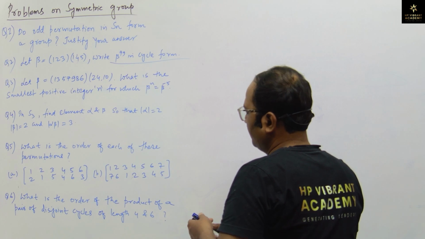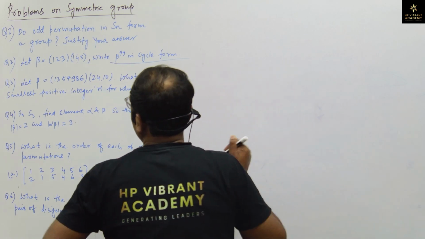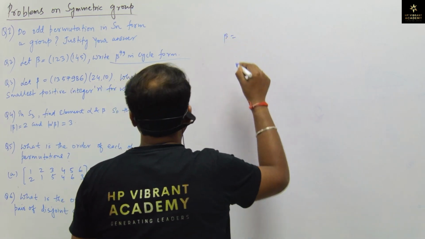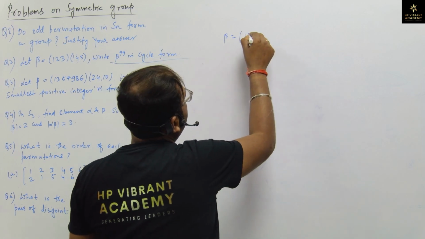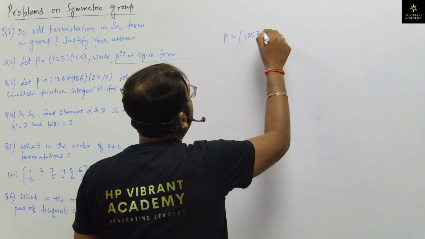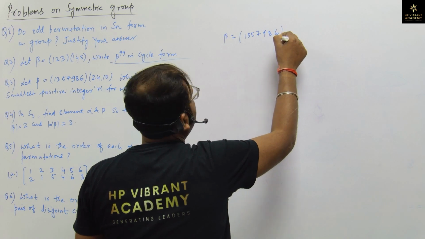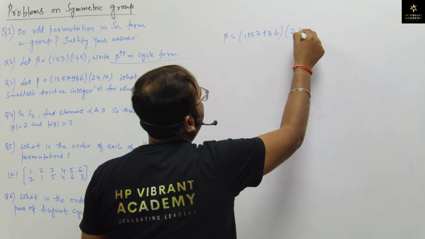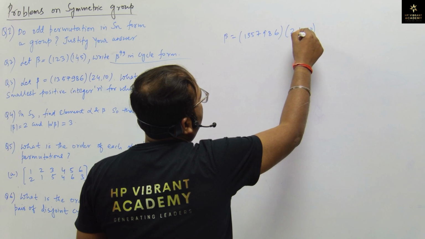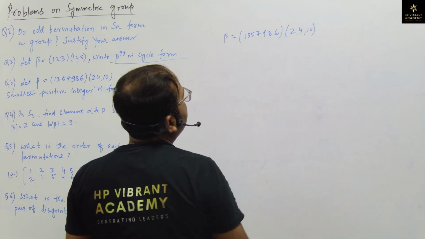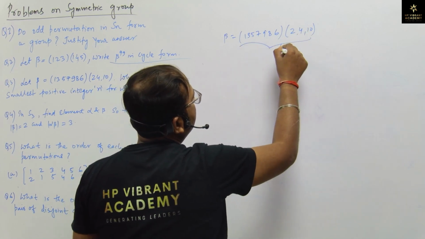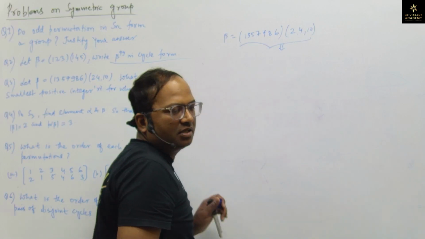So we have the value of beta as (1 3 5 7 9 8 6) and (2 4 10). Since these are disjoint cycles, in disjoint cycles there are no elements in common.